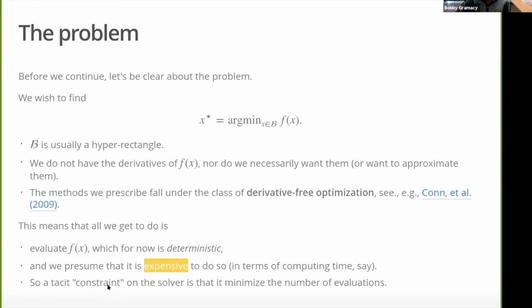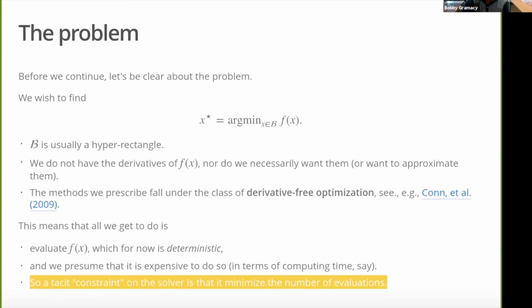I like to think about it as a constraint. There's a constraint on the solver, not a constraint on the system. The system for right now is unconstrained. I want to find the value that minimizes the function, regardless of anything else that's going on. But I want the solver itself to limit its evaluation of the function. So I have a constraint on the expense of the solution.